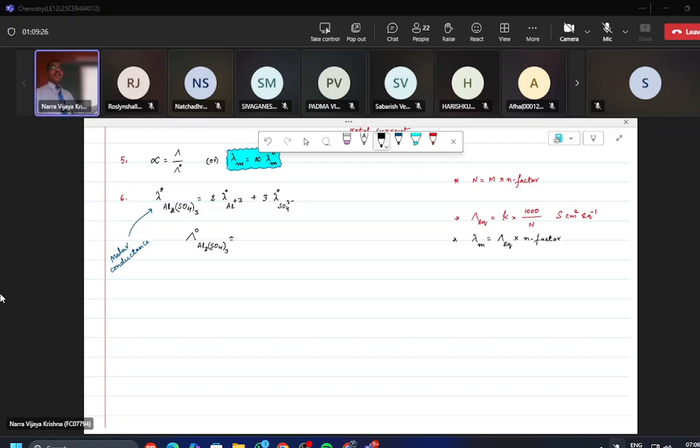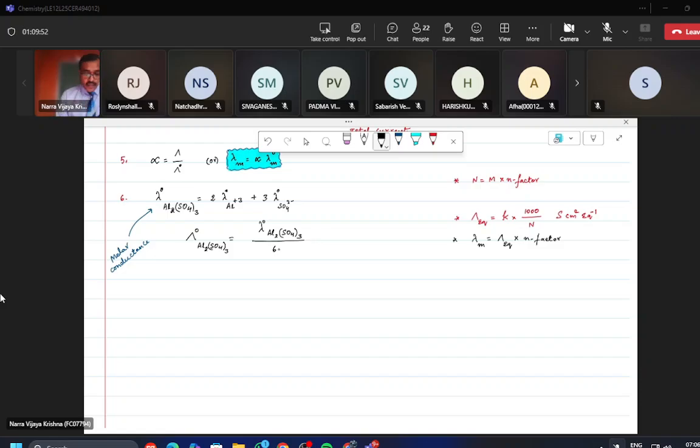In case of a salt, what is n factor? Total charge of cations or total charge of anions. So I am writing lambda naught of Al2(SO4)3 upon n factor, which is 6. Correct, sir?